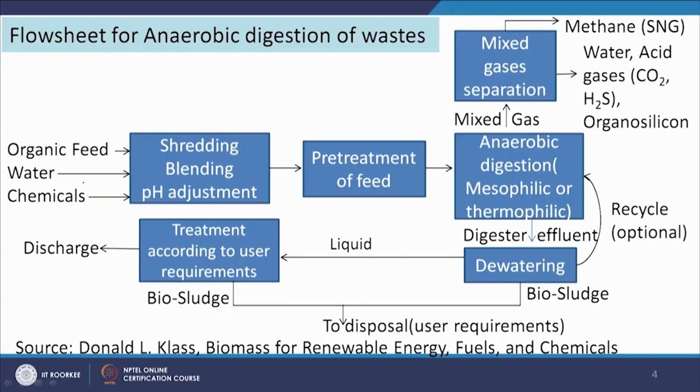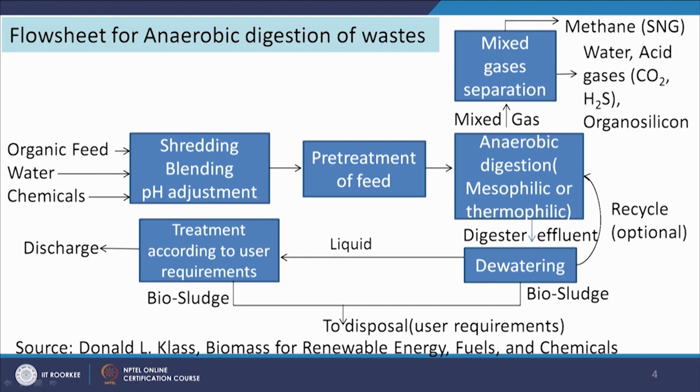Now, if we want to see the flow sheet of anaerobic digestion of waste, the feed will be there, and then it will go through shredding, blending, and pH adjustment. These are the preliminary steps. Sewage sludge can be directly used, or it can be mixed with some other feedstocks, that is, co-digestion is also possible.